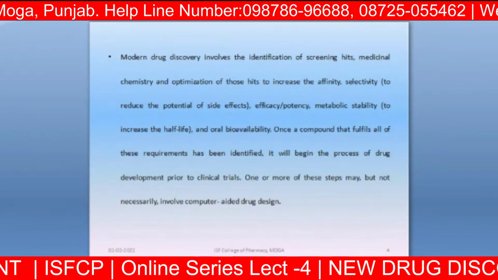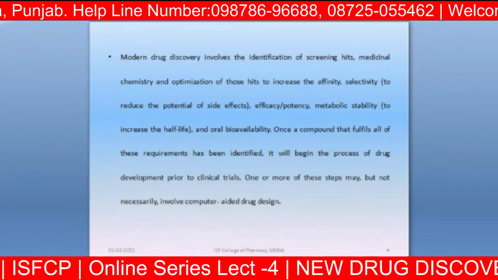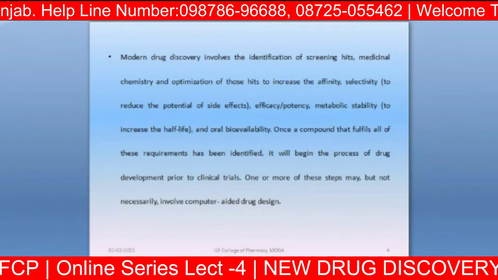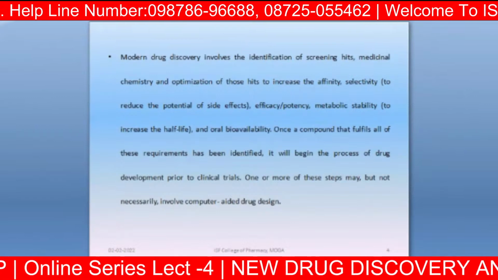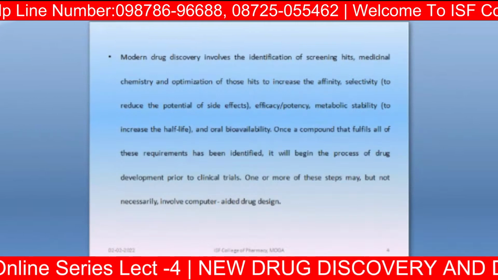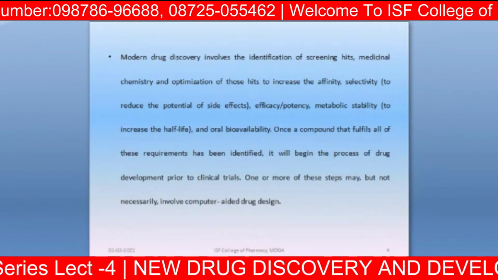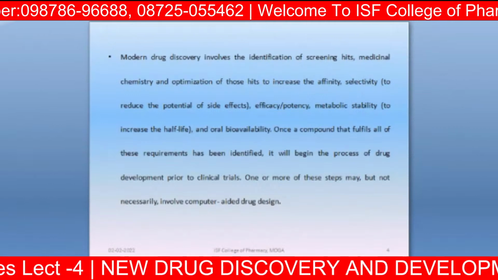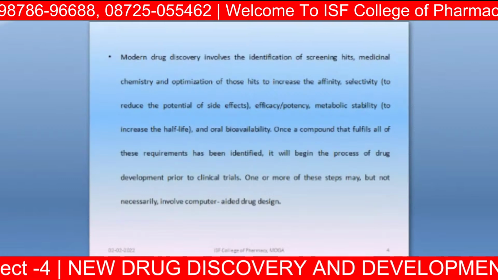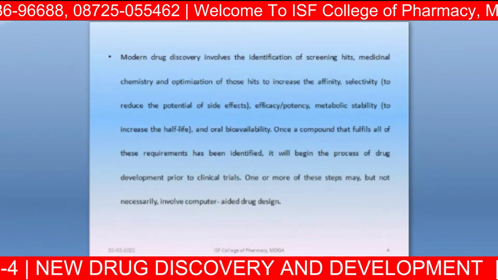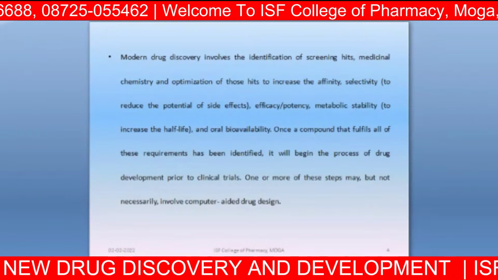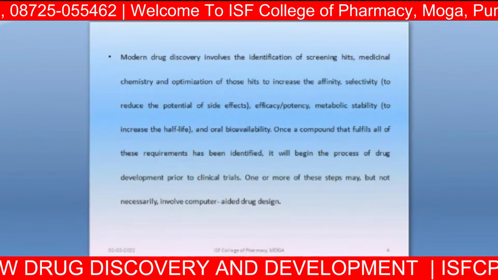Dizziness might be there, GIT disturbance might be there, so a lot of things are there. It might depend on the moiety of the drug, the exposure, the site, as well as the availability of food in the GIT. So various types of concerns are there. My concern was to help you understand the concept.